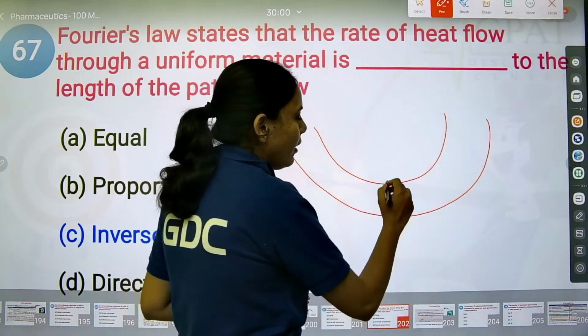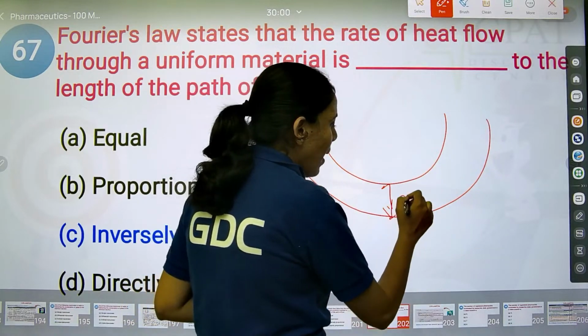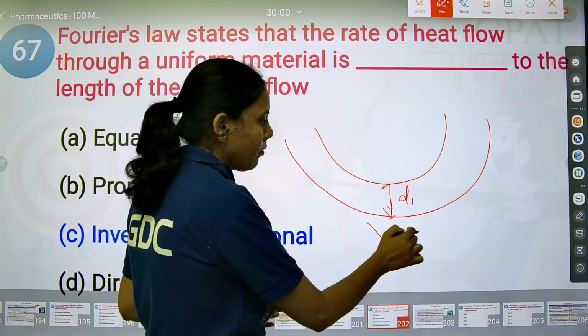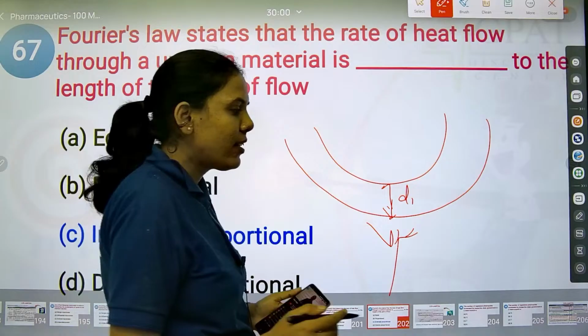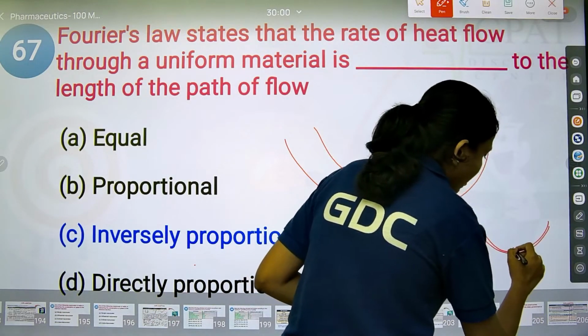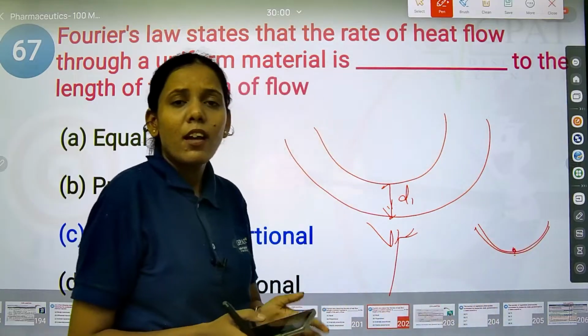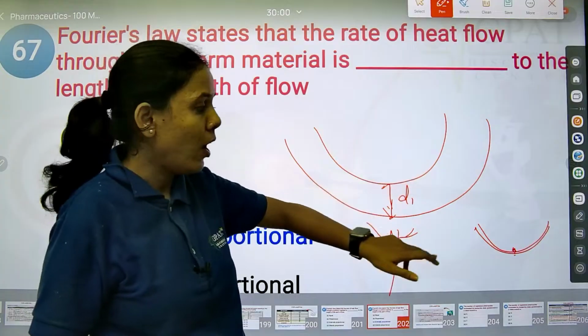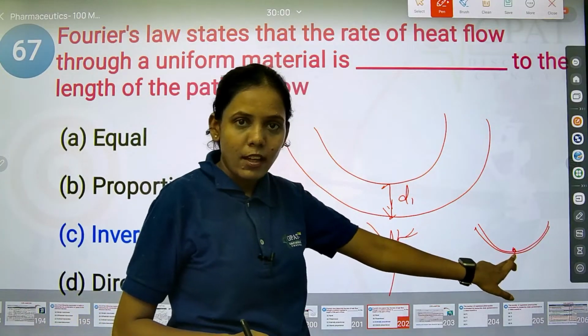This is the path length, for example D1. You are heating this vessel. Second vessel is this. Path length means how much distance the flame has to travel, right? Here it is very less and here it is more.